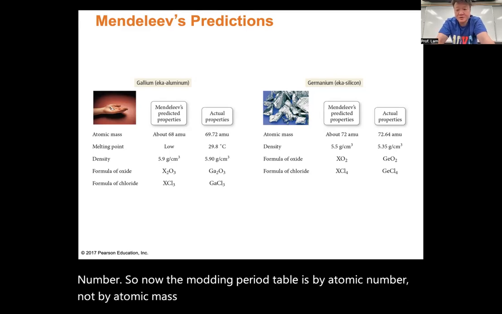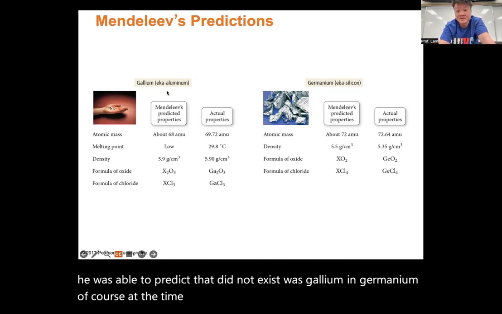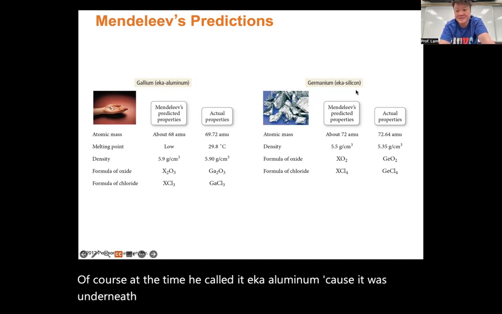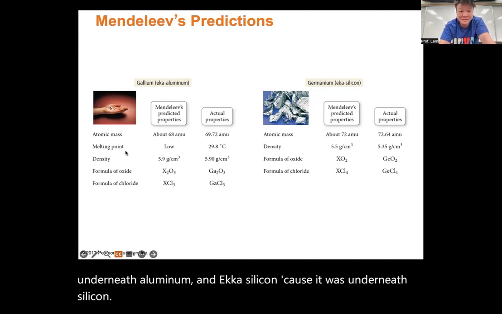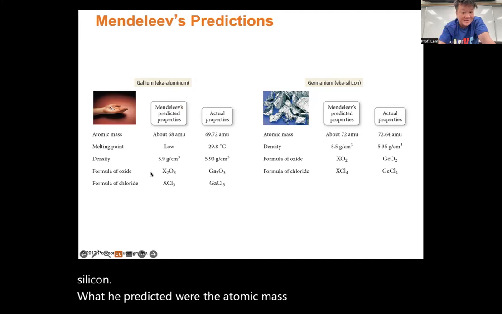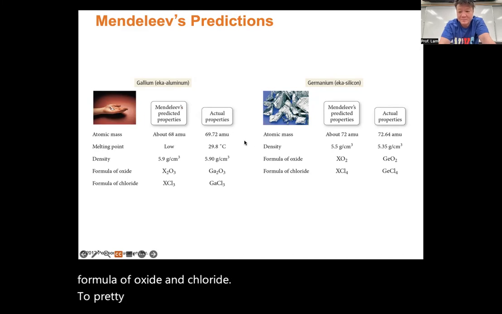Two elements, for example, that he was able to predict that did not exist yet were gallium and germanium. At the time he called them Eka aluminum because it was underneath aluminum, and Eka silicon because it was underneath silicon. He predicted the atomic mass, melting point, density, and formula of the oxide and chloride to pretty good precision, as you can see.